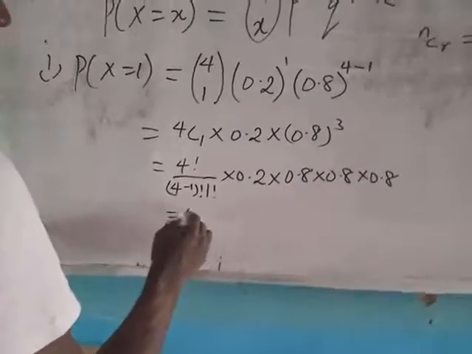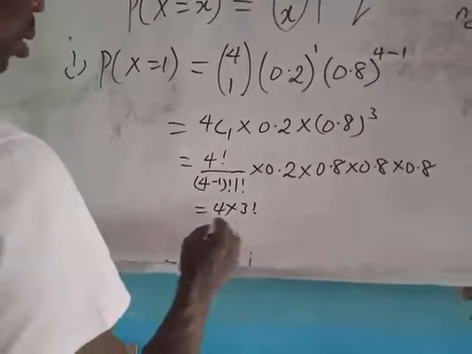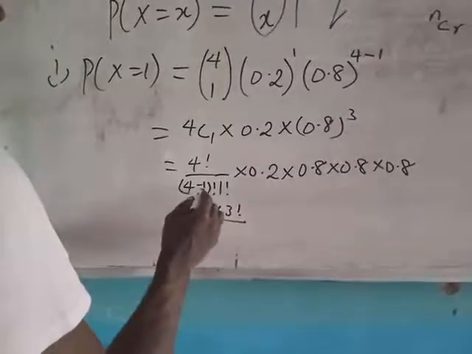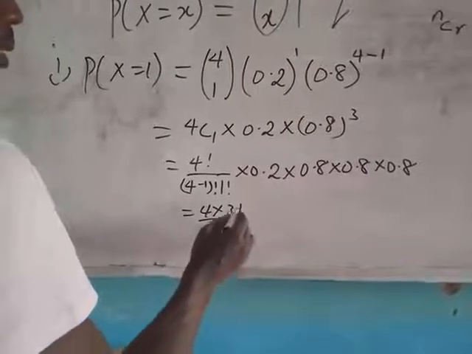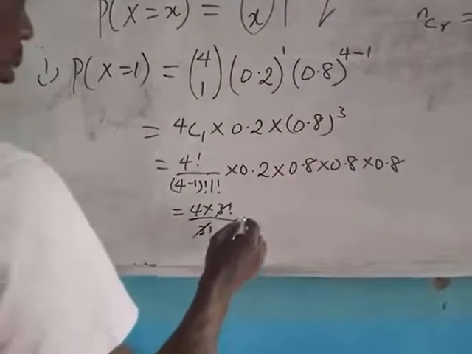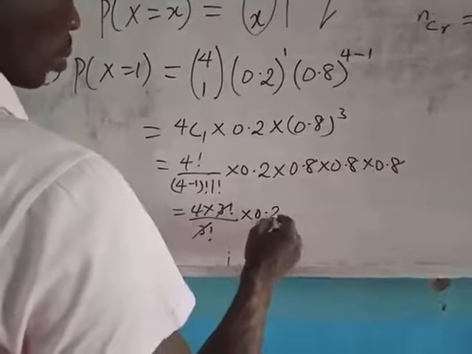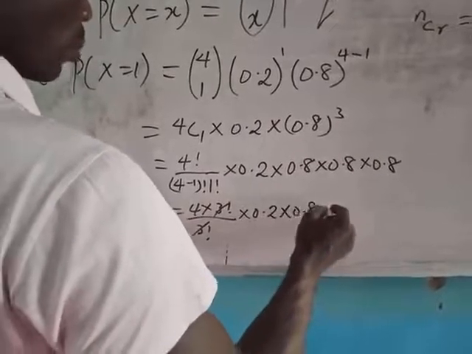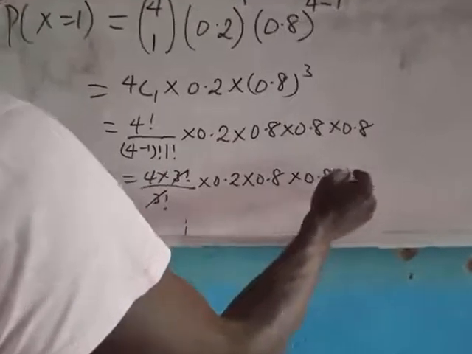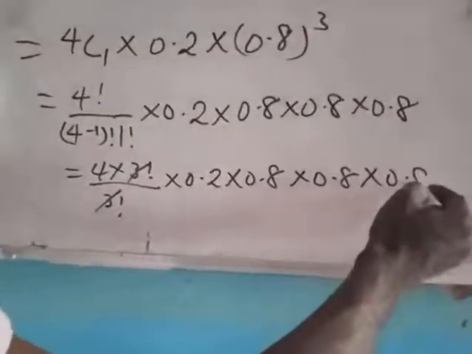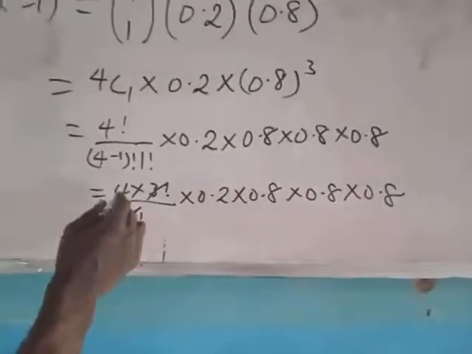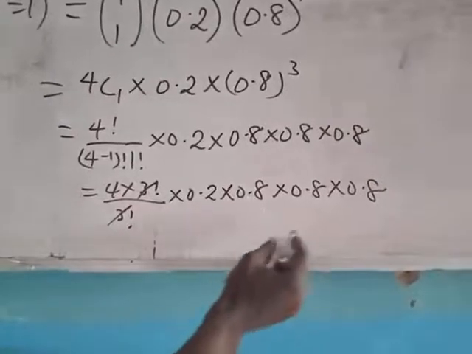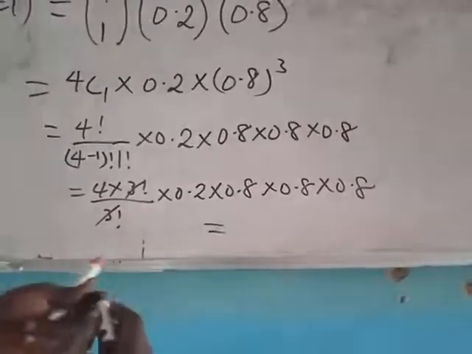So this is the same as 4 times 3 factorial all over 3 factorial, so this will easily cancel. Times 0.2 times 0.8 times 0.8 times 0.8. So it will be 4 times 0.2 times 0.8 cubed, and we can easily use a calculator to simplify.